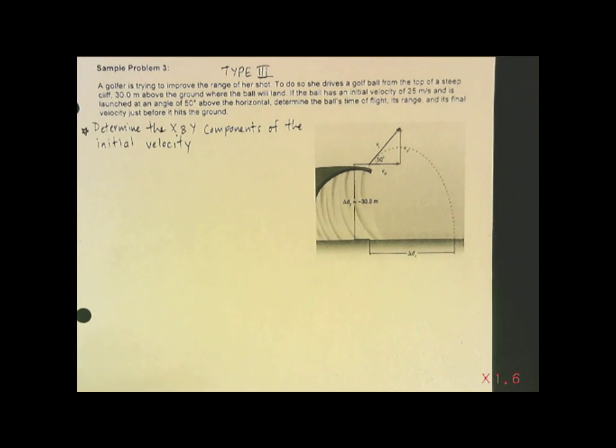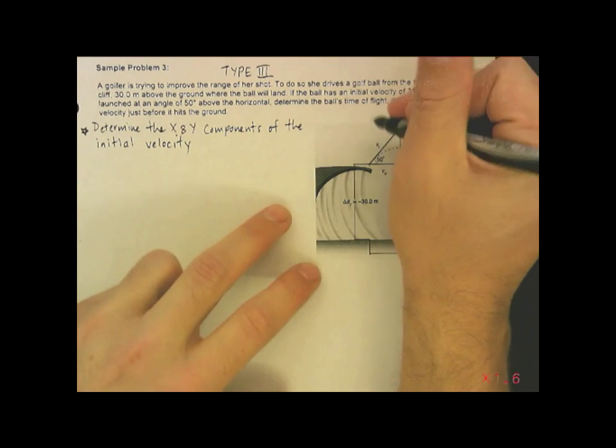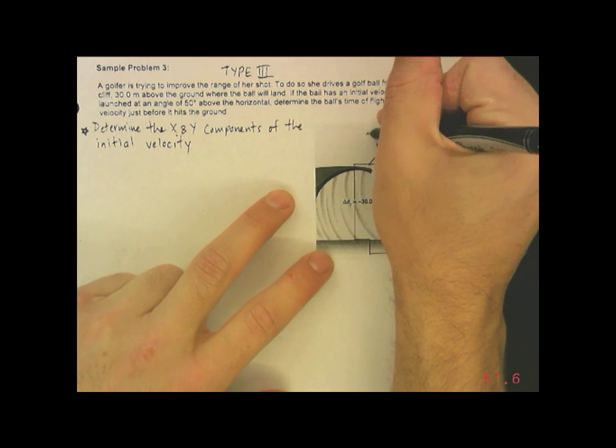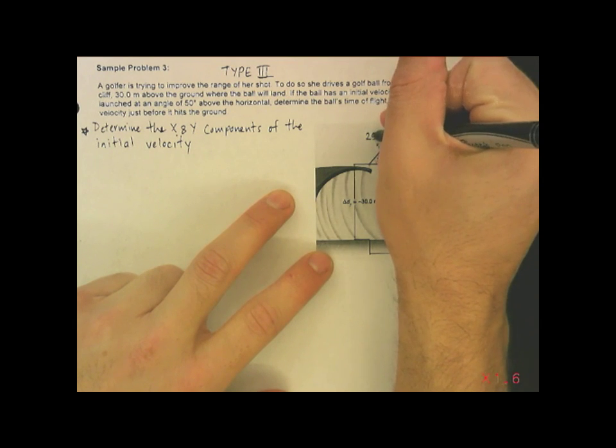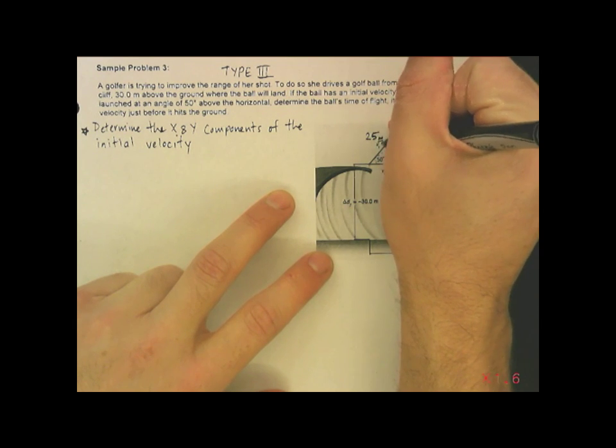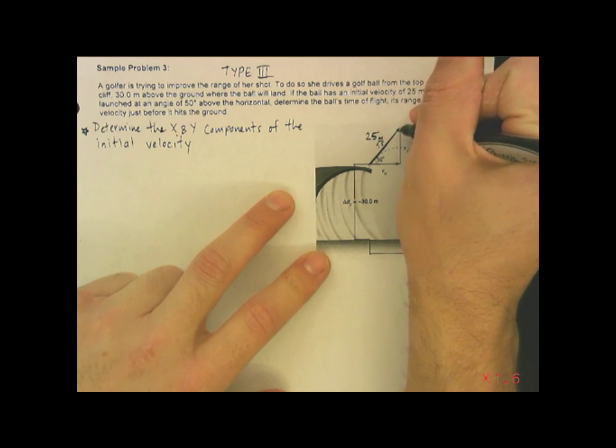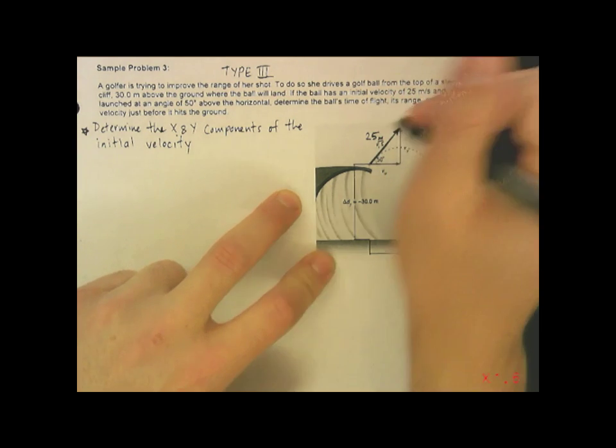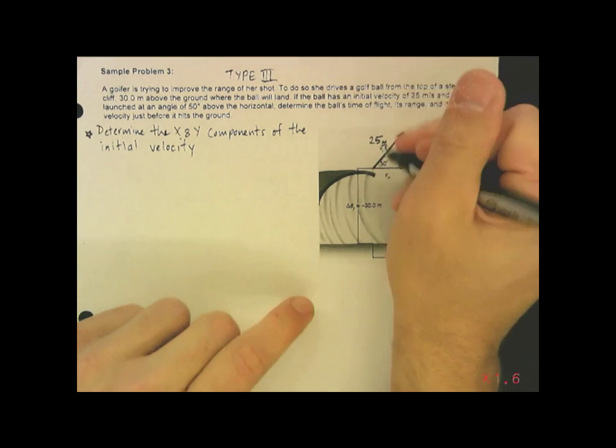So let's take a look at our initial velocity. Our initial velocity is 25 meters per second. This is it right here. And we want to break it up into corresponding x and y components.